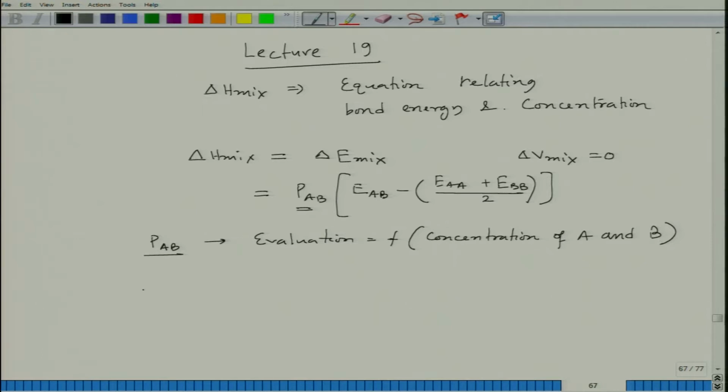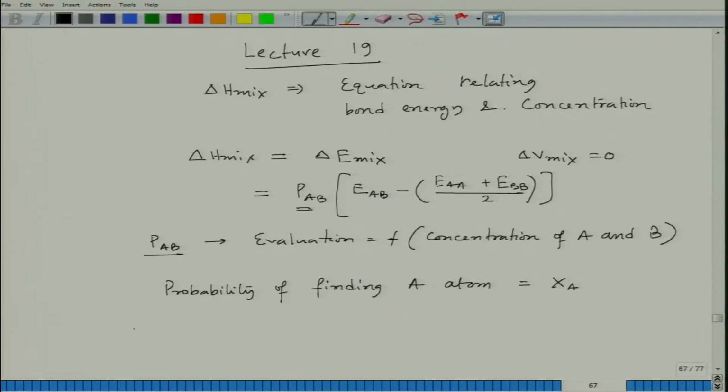Now, if we have some lattice and that lattice is formed by A and B atoms, then the probability of finding A atom at any site is equal to Xa, which is the mole fraction or the atom fraction.